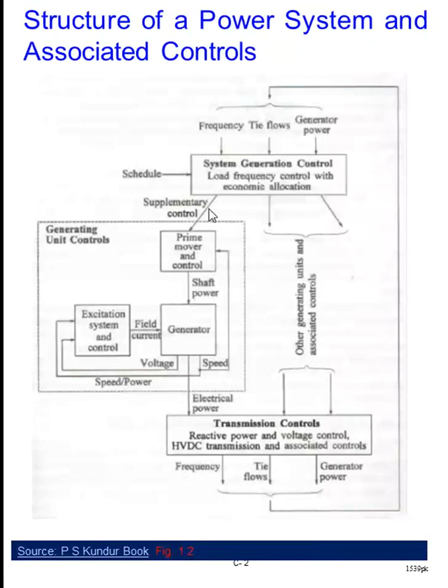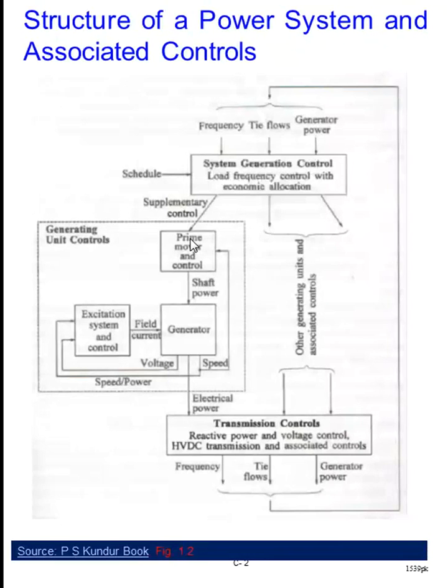In the later slides you will come across this. If the system is connected, we want a scheduled amount of power flow in the tie line. Let's say area 1 and area 2.